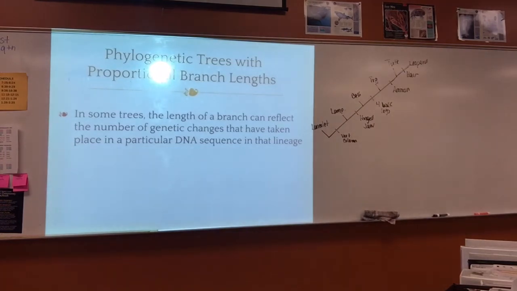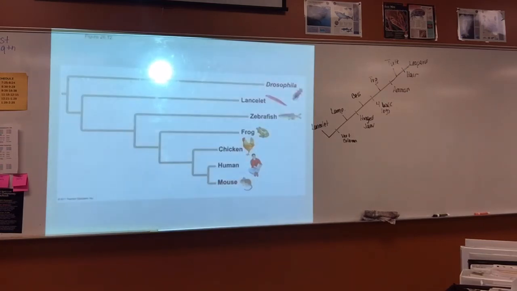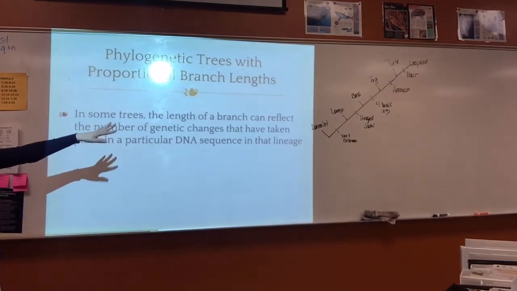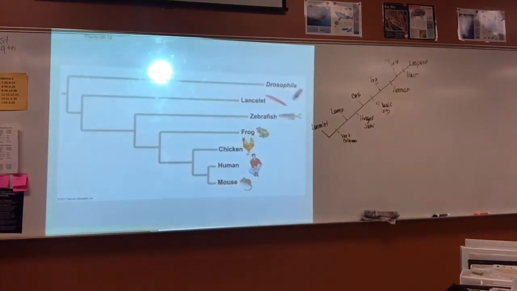That's the case with DNA here, looking at a particular DNA sequence. So this is a tree where the length of the lines represents DNA changes, the number of genetic changes that have taken place in that lineage.